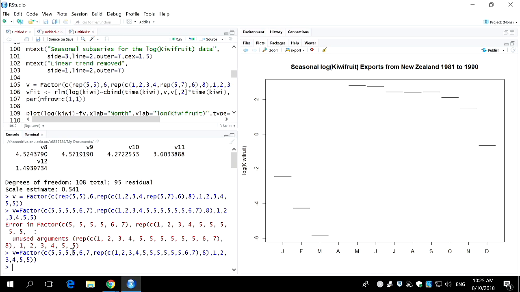January 1, February 2, March 3, April 4, May 5, June 5, July 5, August 5, September 5, October 5, November 6, December 7. I've got a bunch of 5s in the middle because I'm regarding that set of months all as having the same constant. That's why I'm giving them the same number. And then when I finish the data, I've got January through June: 1, 2, 3, 4, 5, 5.